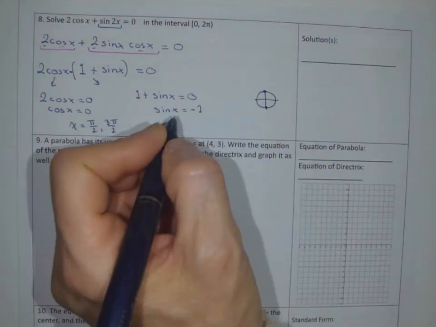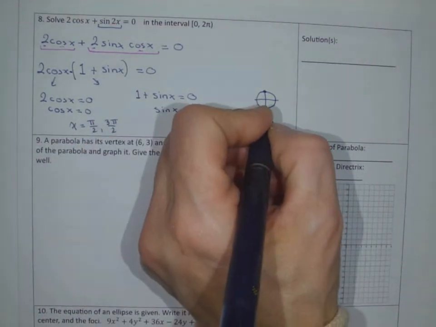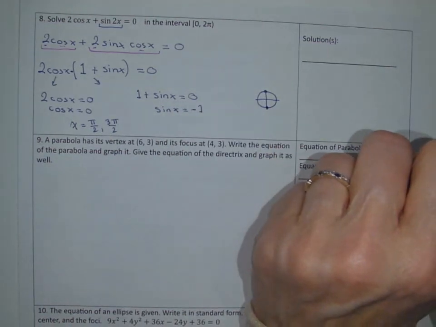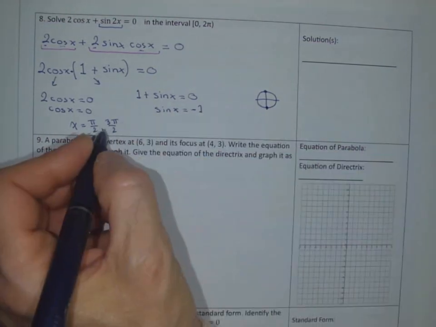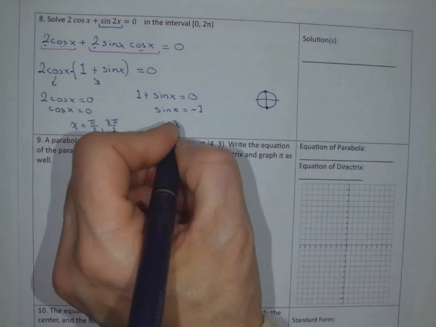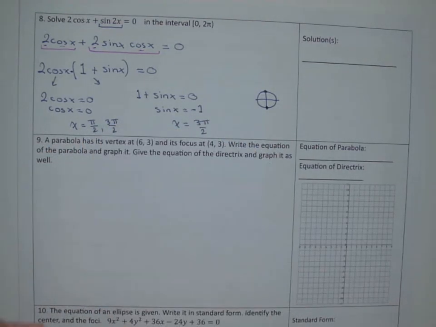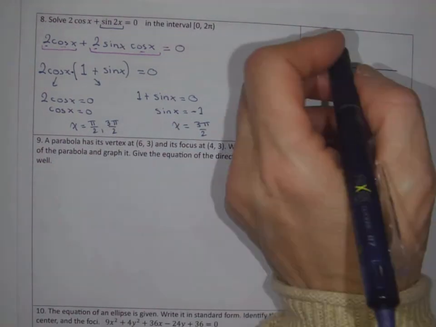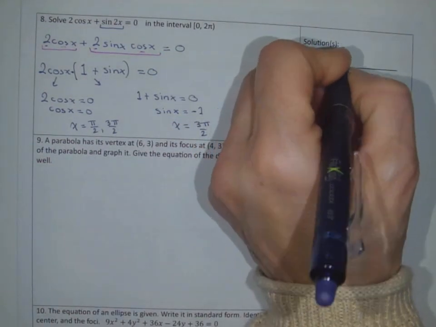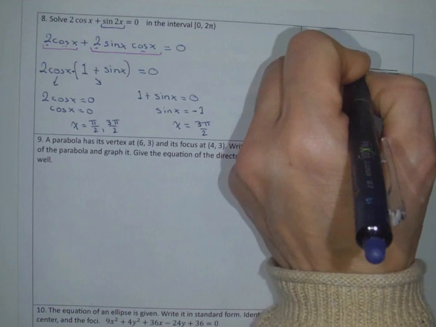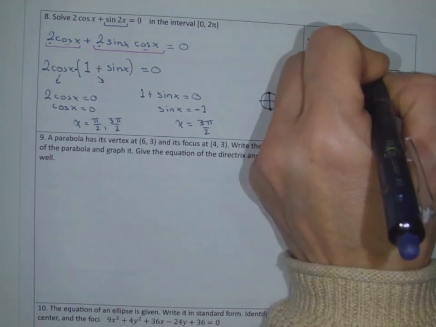The sine is your y value, so that would happen down here, and this would also be the 3 pi over 2. So technically we only have that angle once, even though we're ending up here twice on it. So the solutions will just be pi over 2 and 3 pi over 2.